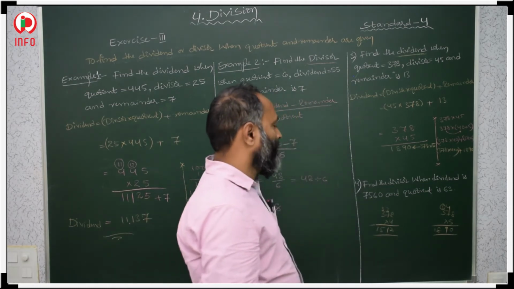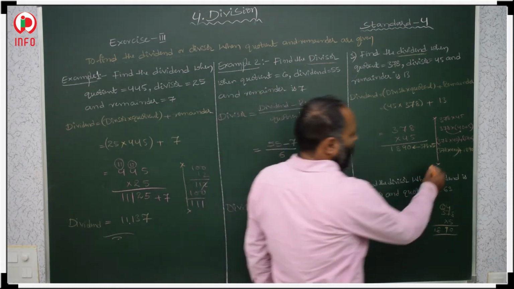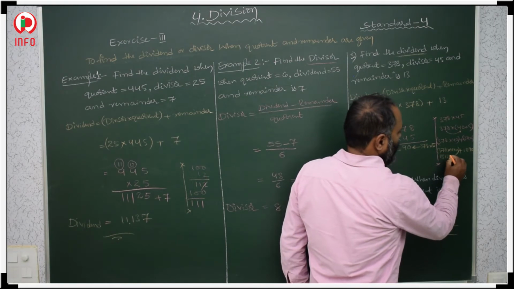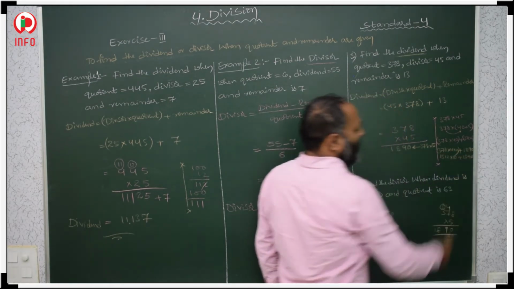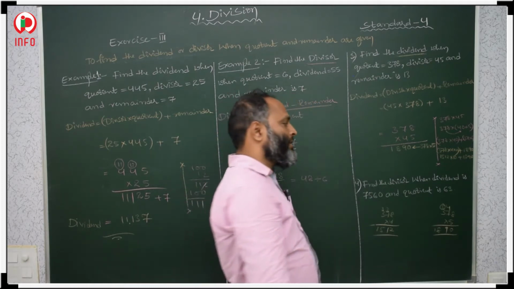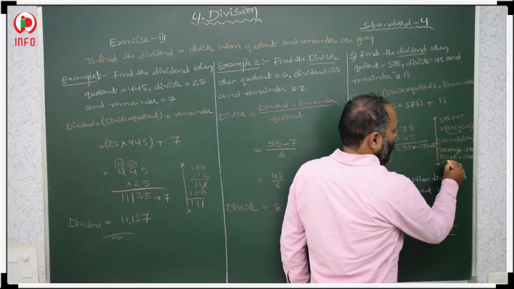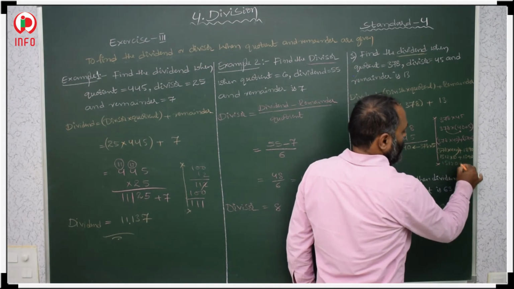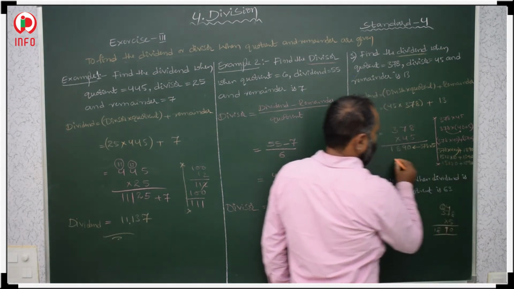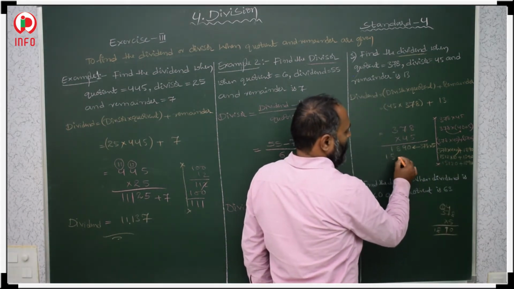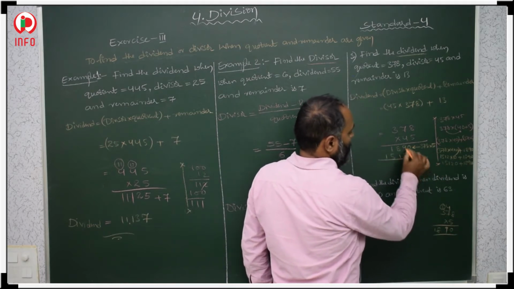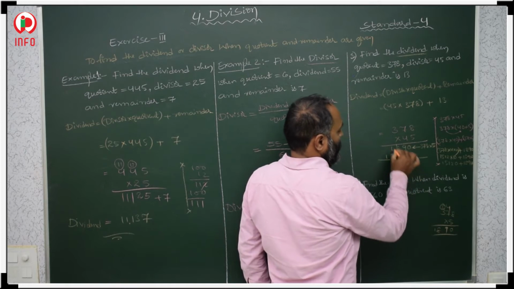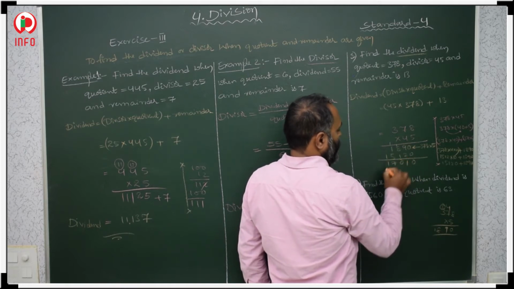So 1512. 1512 tens means multiply by 10. Here 15,120.